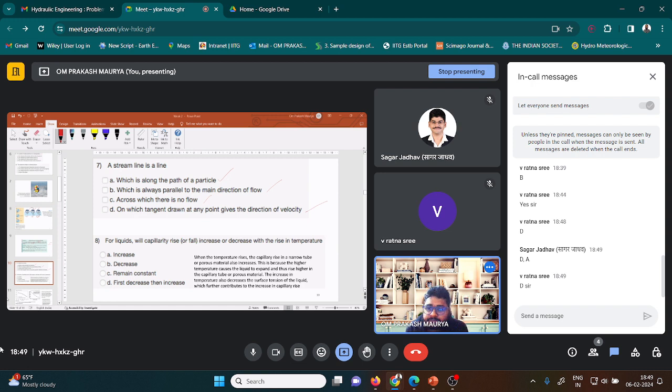Actually, the streamline is nothing but, let us suppose water is flowing in a pipe, a transparent pipe, a glass pipe. You can see the water flowing in the pipe. So that is the type of pipe we are considering here.